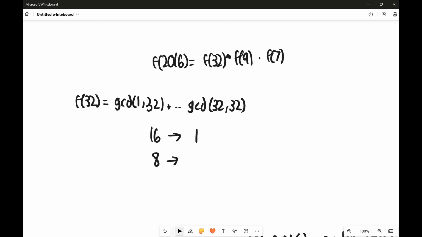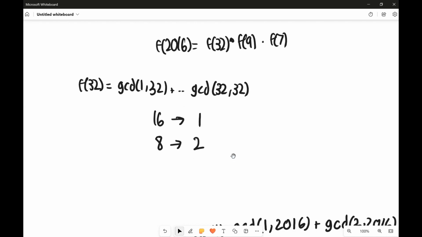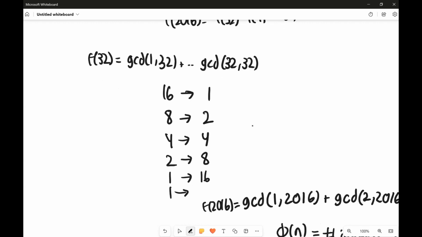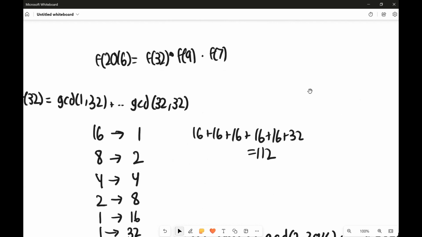There are 8 terms that make the GCD 2, 4 terms that make the GCD 4, 2 terms that make the GCD 8, 1 term that makes the GCD 16, and another term which makes the GCD 32. So the sum ends up being 16 plus 16 plus 16 plus 16 plus 16 plus 32, which is 112. So that's f of 32.